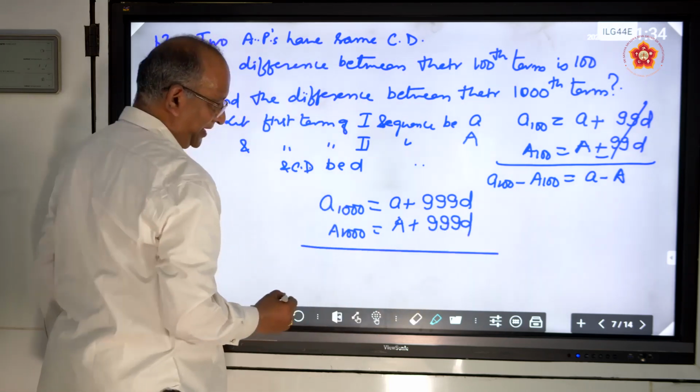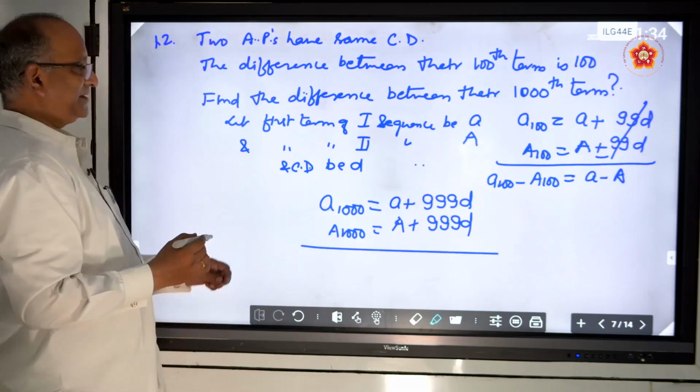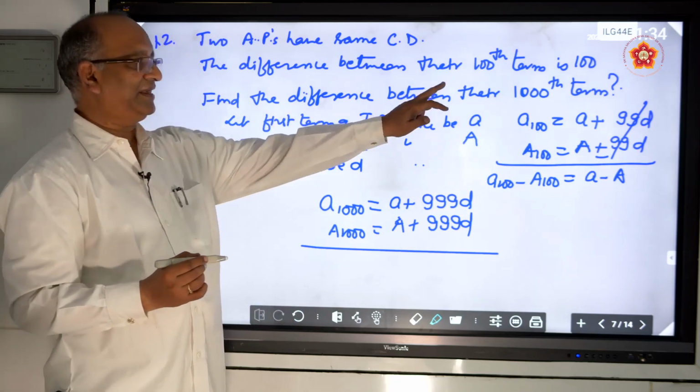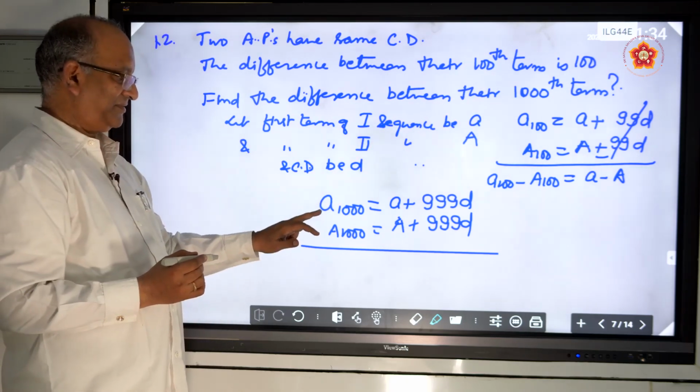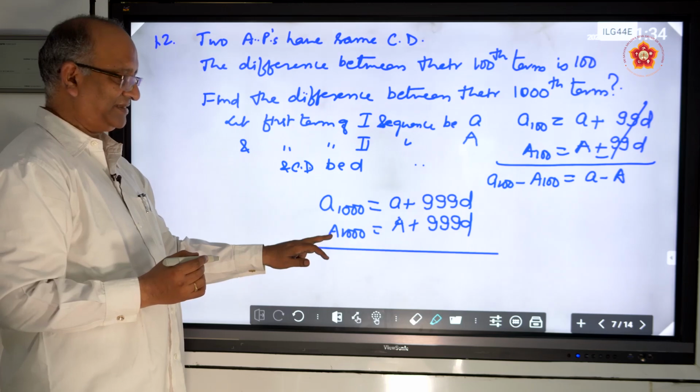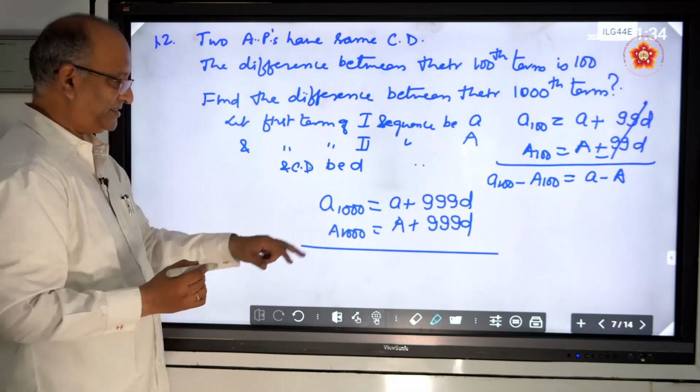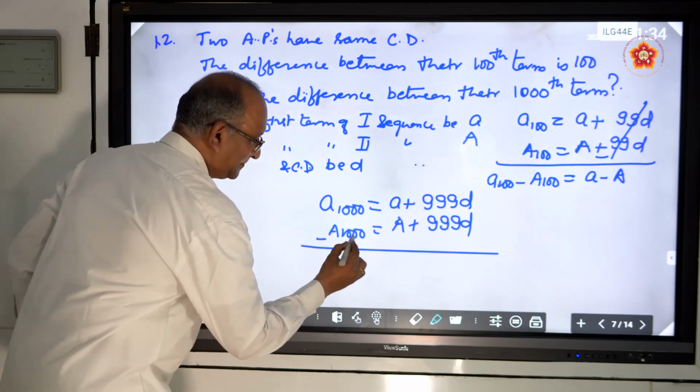Once again you subtract, because he is asking us to find the difference between their 1000th term. This is the 1000th term of the first sequence, this is the 1000th term of the second sequence. We want to find the difference, so we are subtracting.